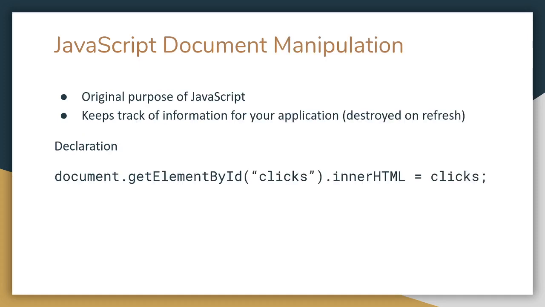So the original purpose of JavaScript is for the document manipulation. So it helps keep track of information, and it's basically destroyed on refresh. And so I want to show how you can change the number of clicks you're making just by keeping track of it with JavaScript.